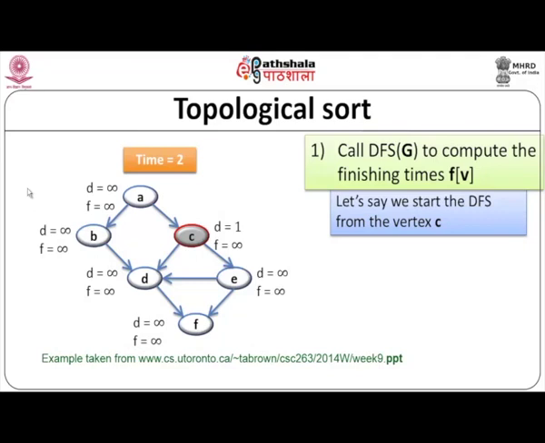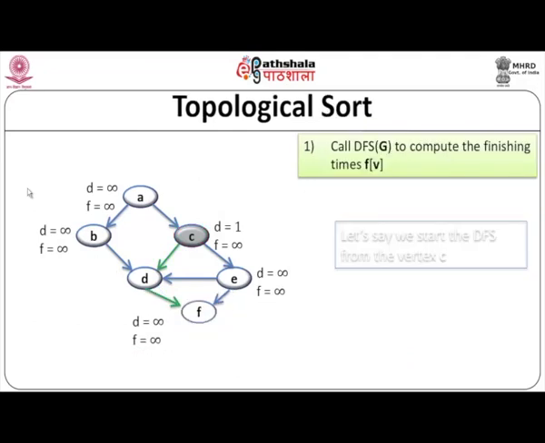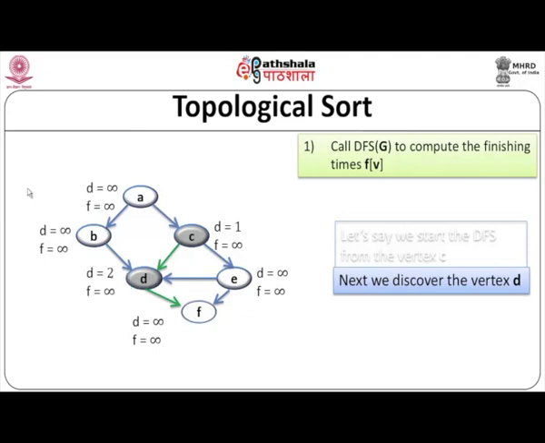Now, from C you can go either to D or E. Let us assume that we go to D. So, we discover the vertex D. Its discovery time is 2, and after we discover it, the time becomes 3.